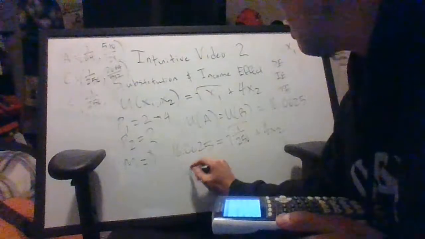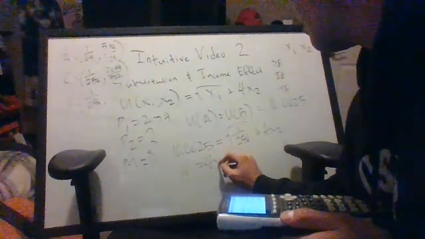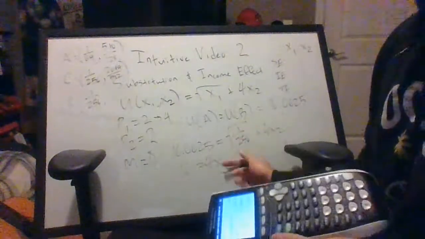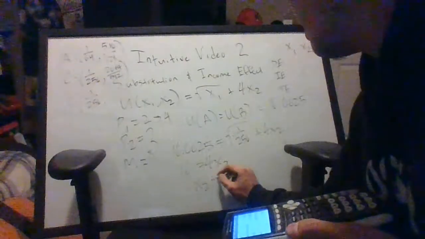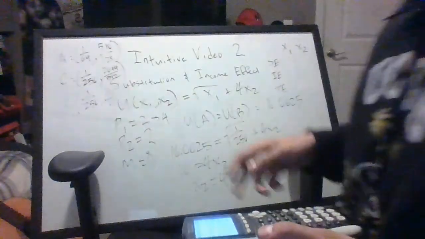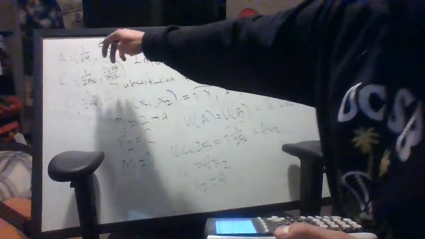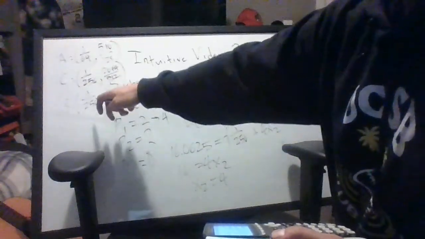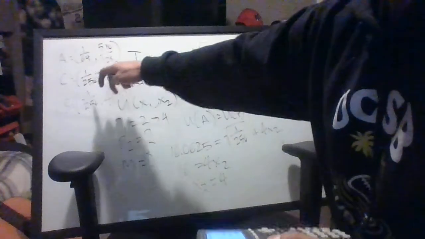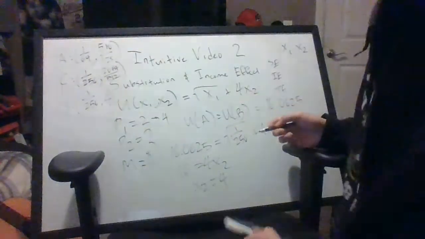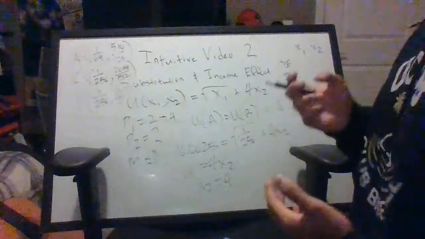So 16 here is going to be equal to 4x2, and so this is the only number that actually works out pretty well. And we get that x2 is equal to 4. Okay, and so this tells us the substitution effect from A to B, income effect from B to C, total effect from A to C. And that's how we solve for substitution and income effect.